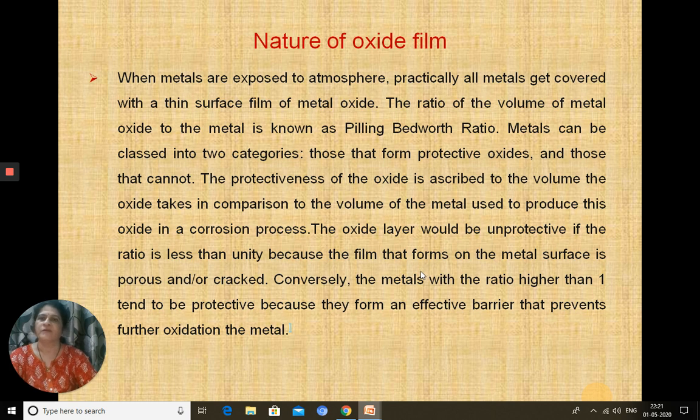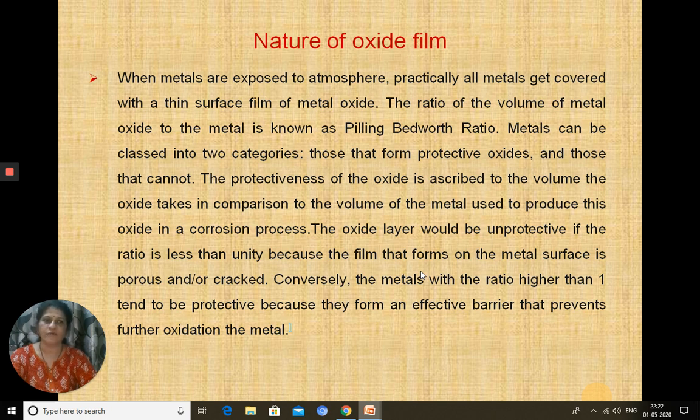Now, we know that when metals are exposed to the environment, a layer of oxide film is deposited on its surface. Whether the corrosion will further continue or not depends upon the nature of the oxide film. When metals are exposed to the atmosphere, practically all metals get covered with a thin surface film of metal oxide.